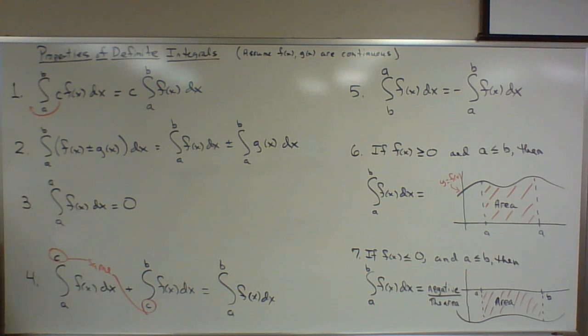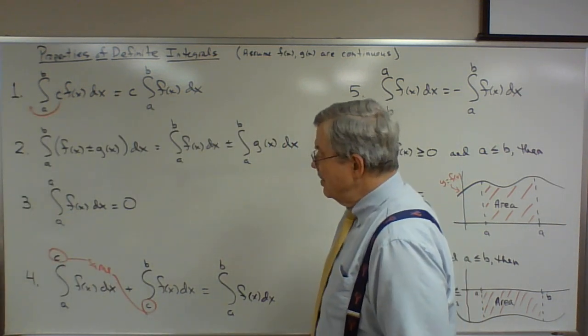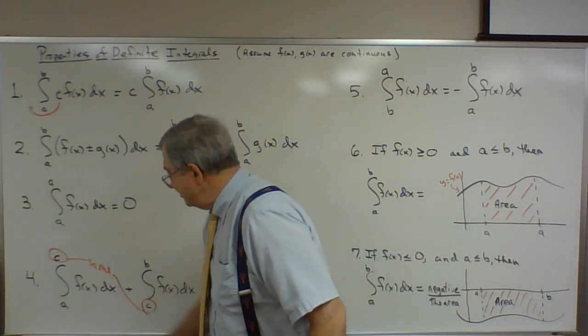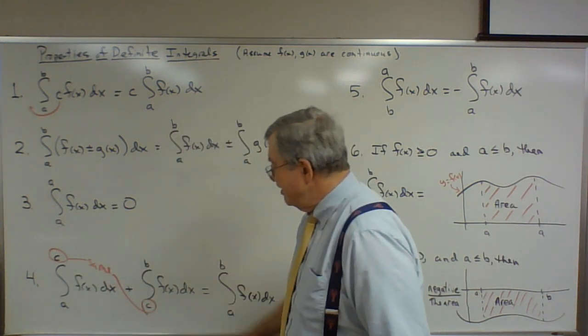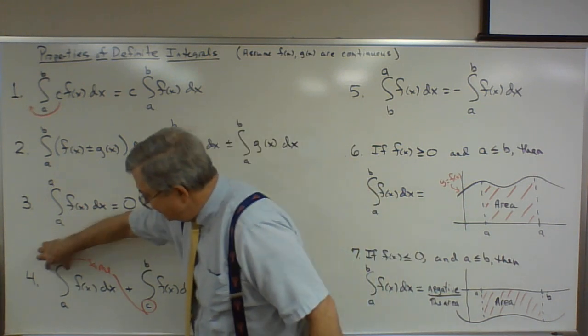And what happens here? We end up getting an integral that has as its lower limit the lower limit of the first integral, and as its upper limit, the upper limit of the second integral. So it's almost as if we cut the top part of this integral off and the bottom part of this integral off, and we put the top part of this integral over here.